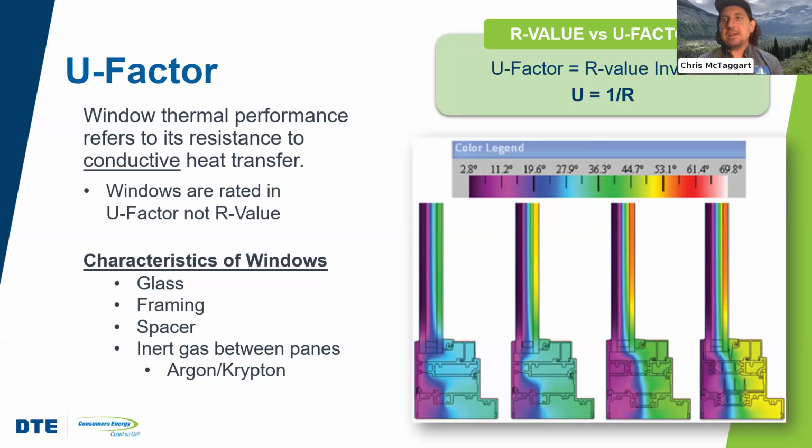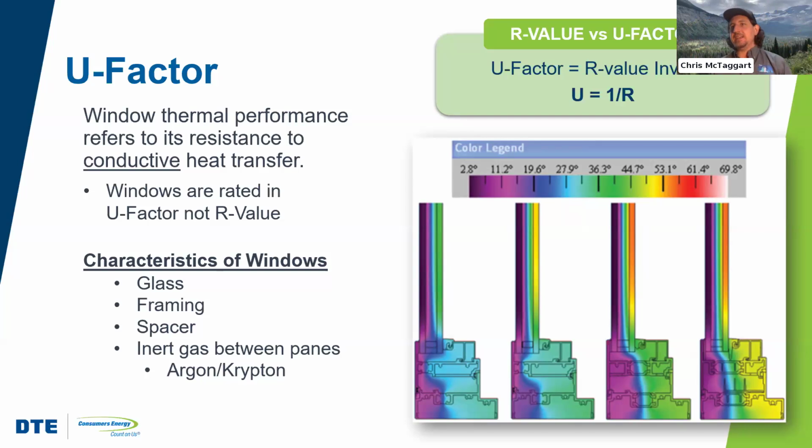So we can functionally talk about windows in their R value, but they are rated for their U factor. It's the whole window that is rated for the U factor, as well as the solar heat gain coefficient.